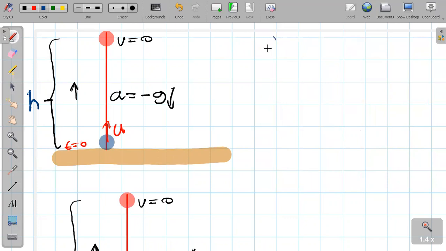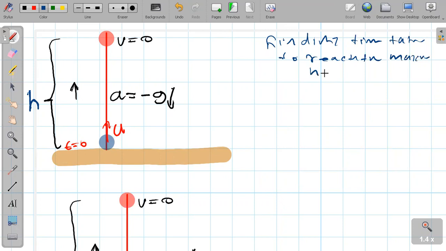First subtopic is finding what? Time taken to reach the maximum height. Finding the time taken to reach the maximum height.